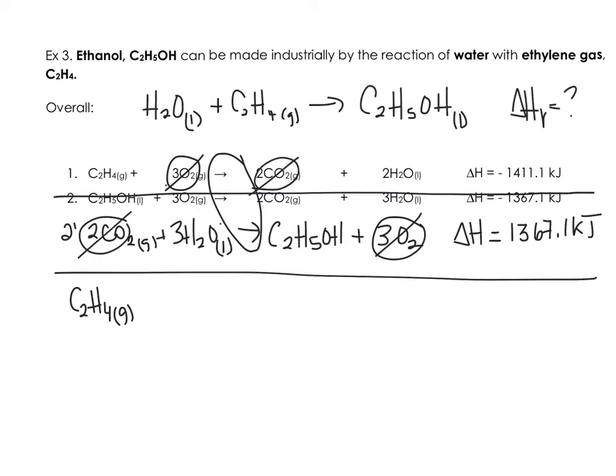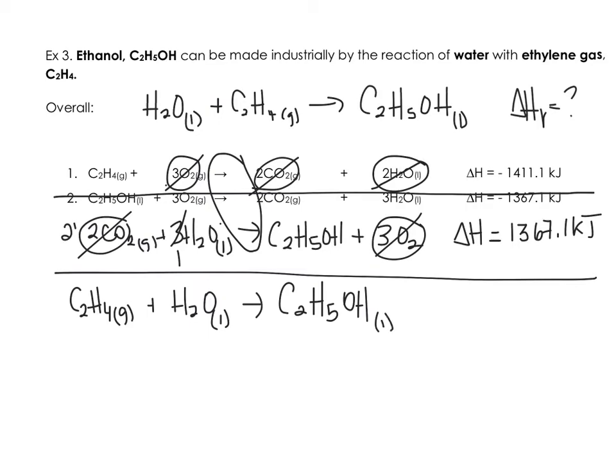And then I've got 3 waters. And over here, I've got 2 waters. So 2 of them will cancel. And I'm left with 1 water. I have only 1 ethanol, and I have no other product. So there's our overall chemical equation.